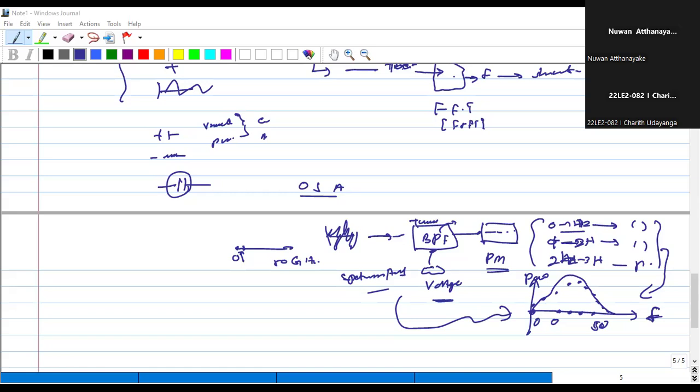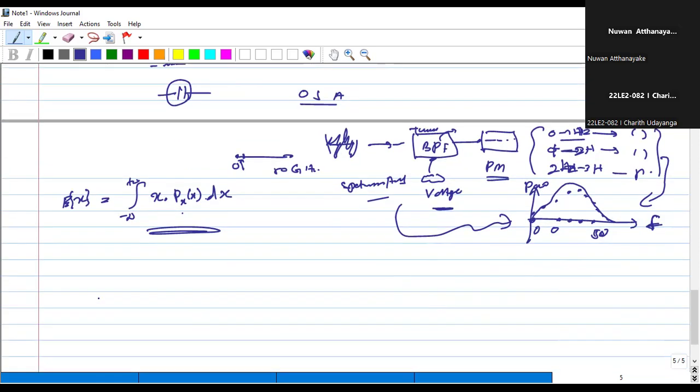As I can remember, to get E[x], we need to integrate from minus infinity to plus infinity our variable x into the probability distribution p(x) dx. So this is the way to calculate the expected value.